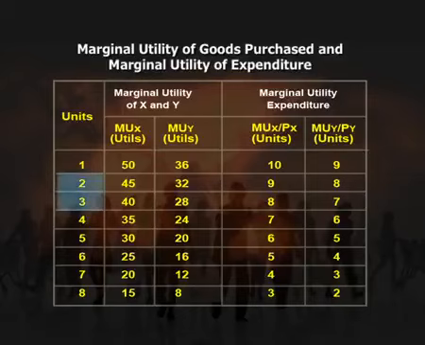The purchase of the second and third units of X will also provide relatively higher utility for good X. Thus, his first choice will be to buy 3 units of good X. Since the fourth unit of X provides lower MU, that is 35 utils, than the first unit of good Y, that is 36 utils, the consumer will buy 1 unit of good Y at rupees 4.